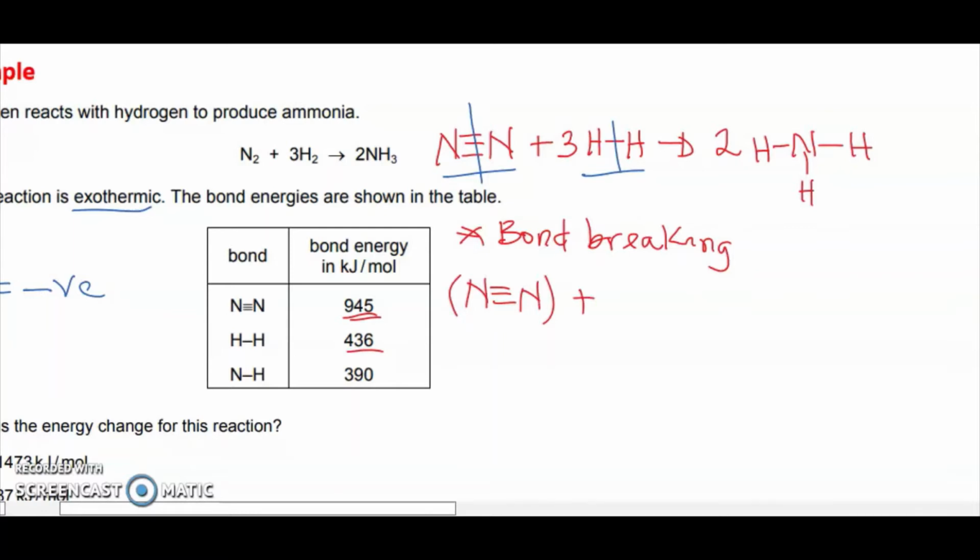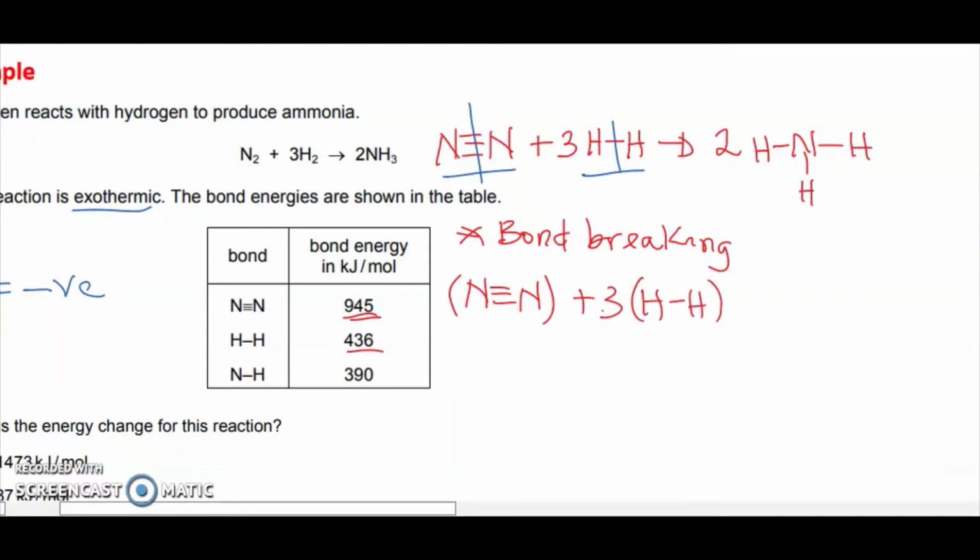But remember, there are 3 molecules of hydrogen, so we're going to multiply the value by 3. Let's represent it this way: 3 times the hydrogen-hydrogen bond.